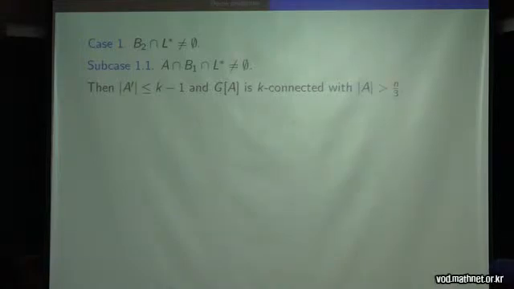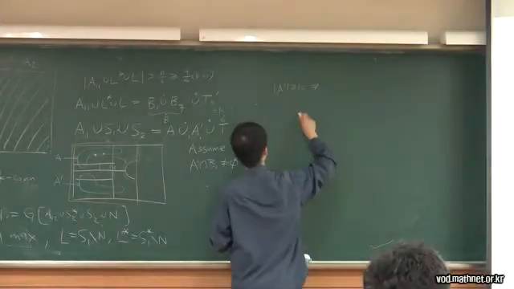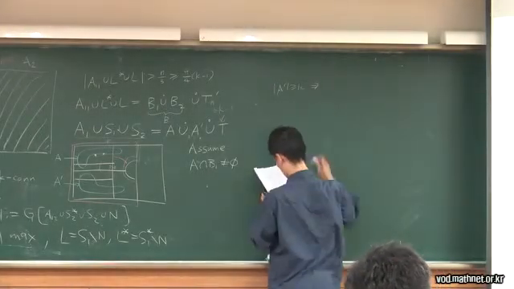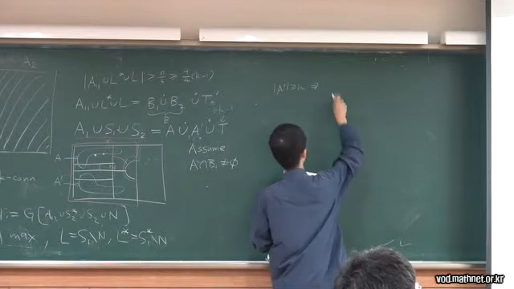Otherwise, if A prime is at least K, then we can find 3 independent vertices that will contradict the thing earlier.